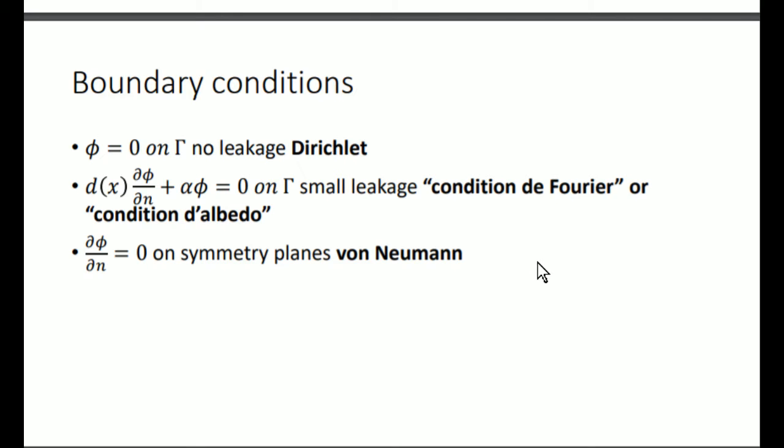Because obviously, this can be really obvious if you have something that is symmetric. If you have a positive of this, it means that if you consider the left, you will have more neutrons that leave from sector 1 to sector 2 than from 2 that go to 1.